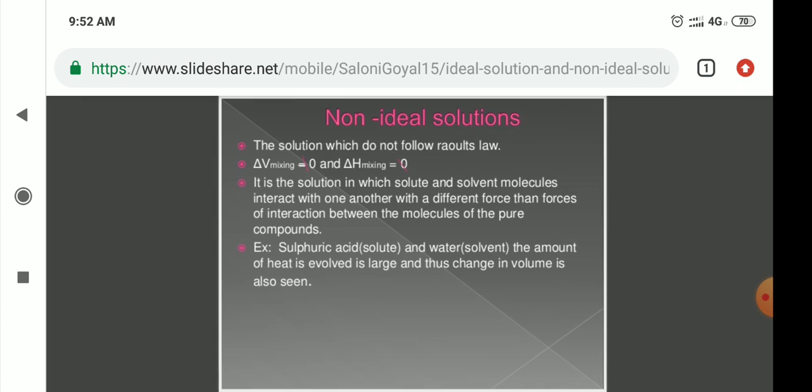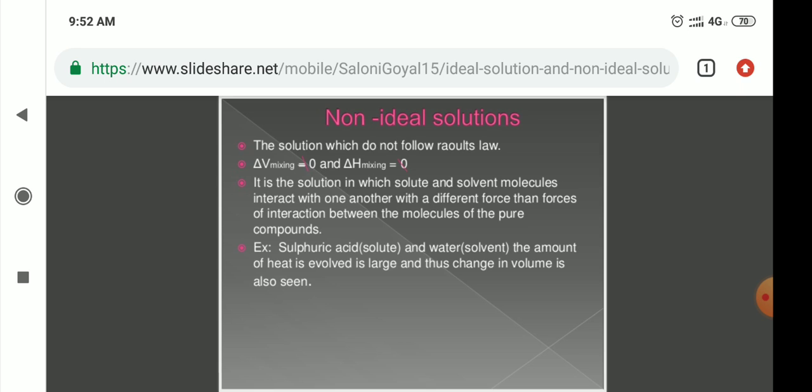Second point is the non-ideal solution. A non-ideal solution is a solution which does not follow Raoult's law. Therefore delta V mixing is not equal to 0 and delta H mixing is not equal to 0.